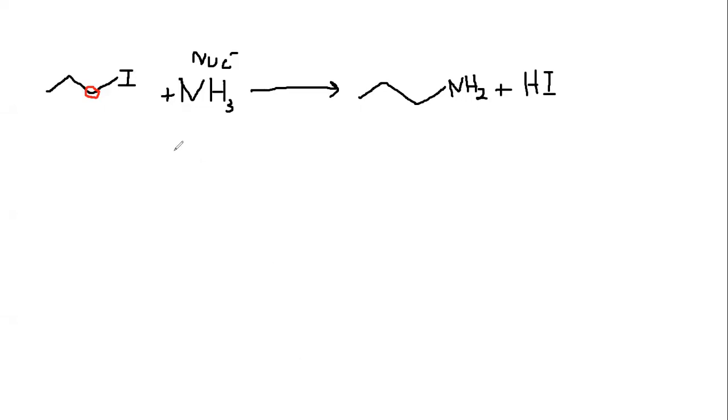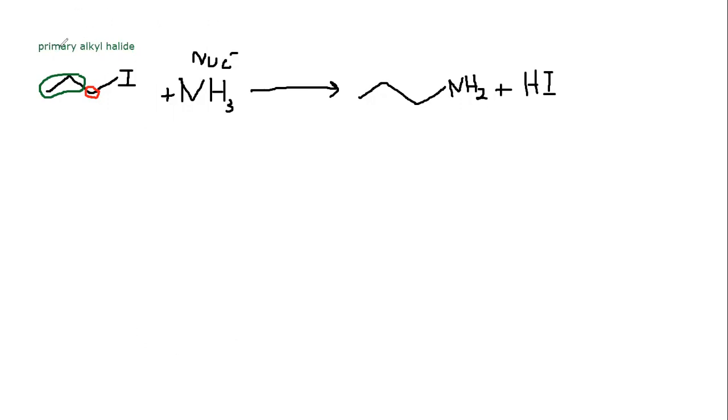And so here we see that there is one carbon stick group off of the carbon that's directly attached to the halide. So this is what we refer to as a primary alkyl halide. And so primary alkyl halides prefer SN2 reactions.